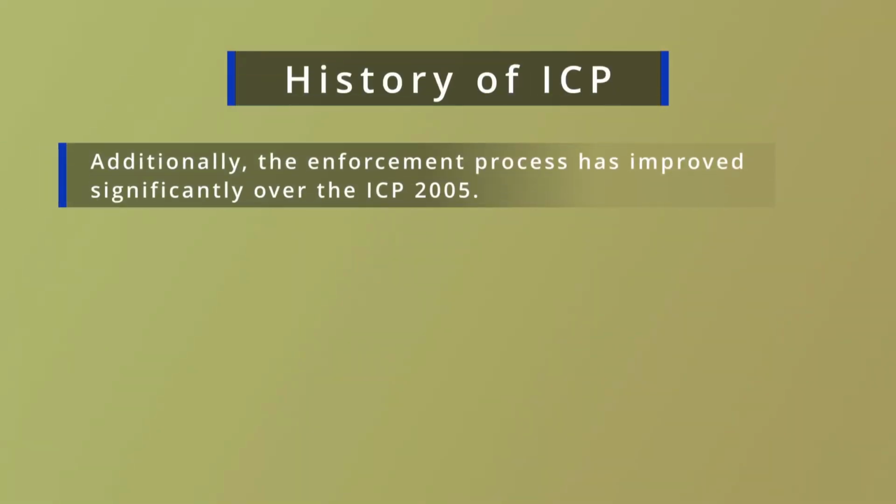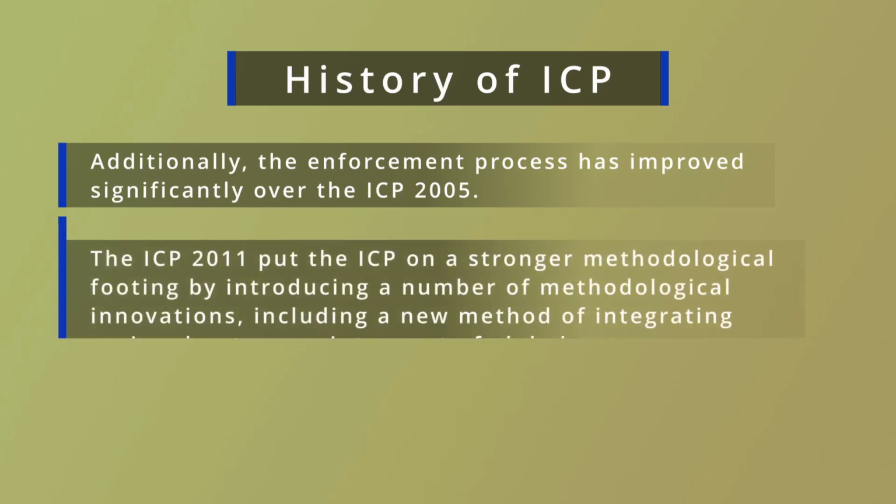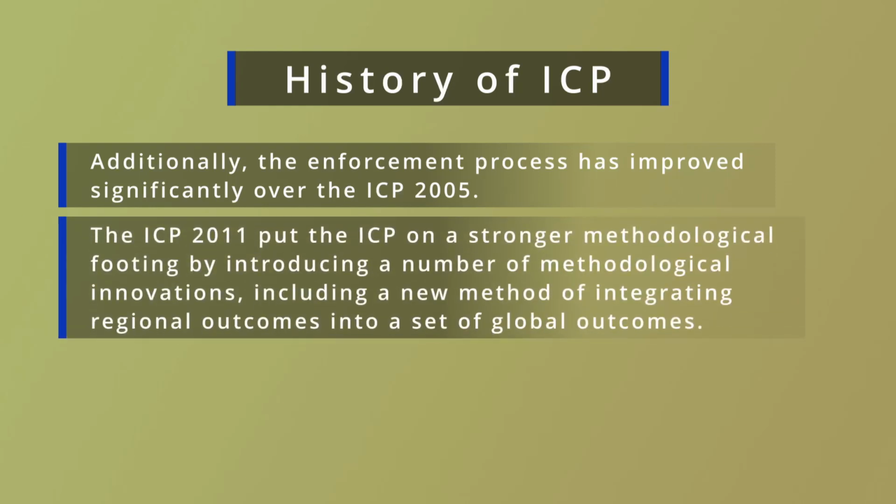Additionally, the enforcement process has improved significantly after the ICP 2005, and the ICP 2011 put the ICP on a stronger methodological footing by introducing a number of methodological innovations prescribed by the World Bank, including the new method of integrating regional outcomes into a set of global outcomes.